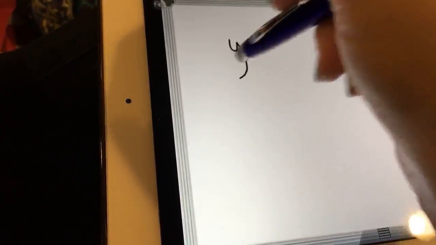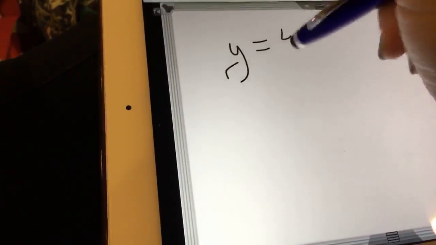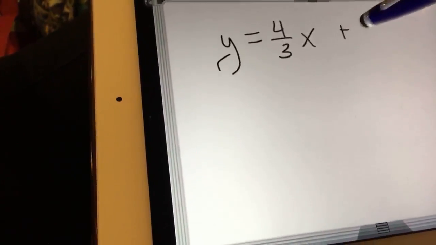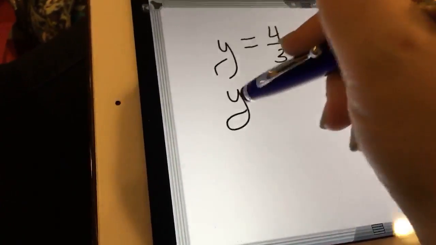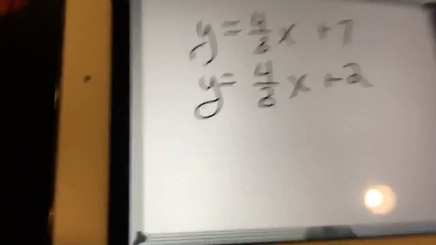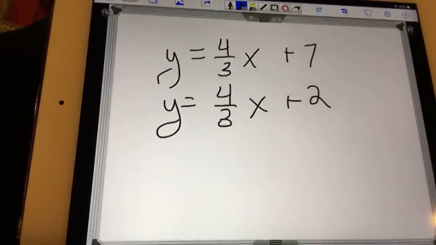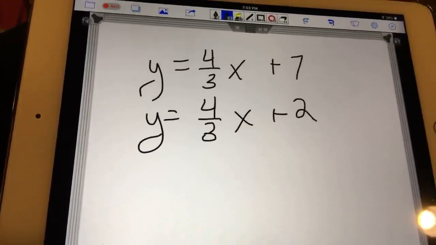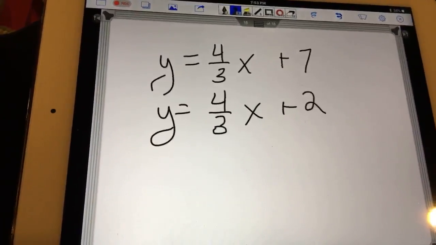All right, so let's do the lines y equals 4/3 x plus 7 and y equals 4/3 x plus 2. And this may end up with the numbers being super duper ugly, and if it is, then I'm sorry.